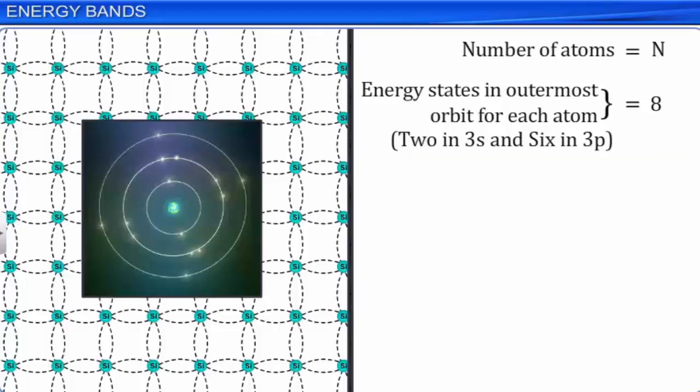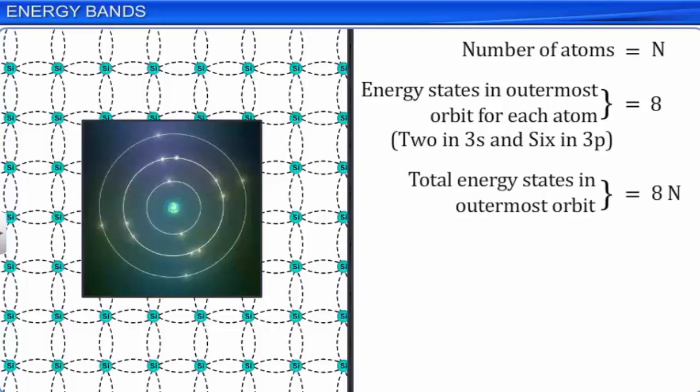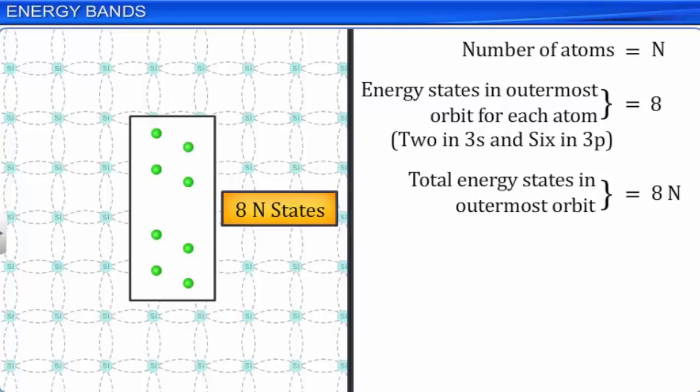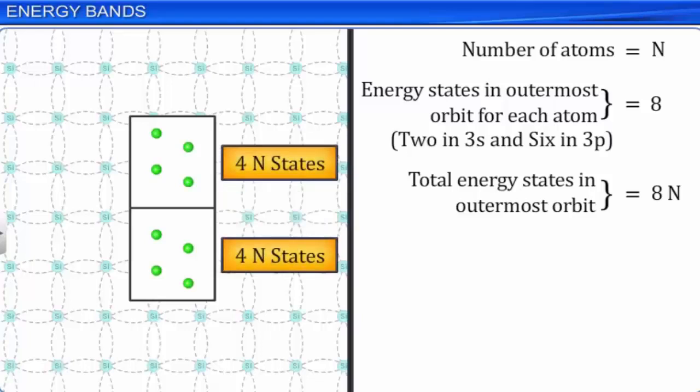Therefore, for n atoms, the total number of energy states available in the outermost orbit is equal to 8n. At the distance between the atoms observed in crystals, such as silicon, these 8n energy states split into 2 levels, each having 4n energy states, due to the atomic interactions discussed earlier.